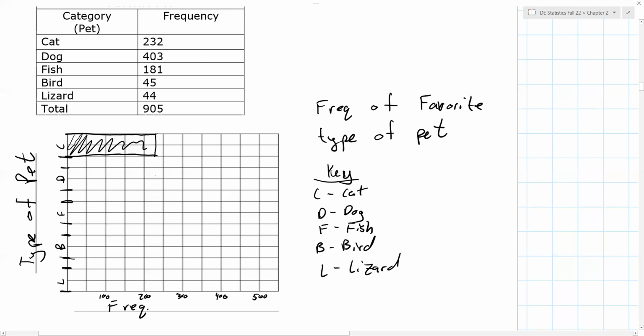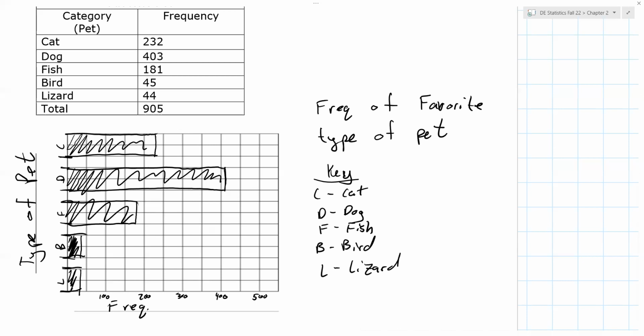Got dog. Fish just under 200. Birds at 45, which is just below 50. And then lizards, almost the exact same. And there we have our horizontal bar graph.